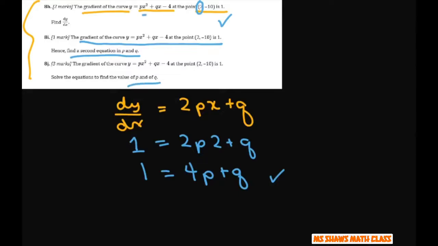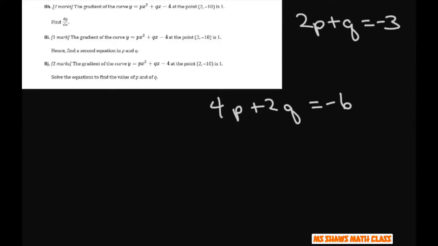The first one was 4p plus 2q equals -6, or we actually divided everything, so remember we got 2p plus q equals -3. So that was the first equation. The second equation we got was 4p plus q equals 1. And now they just want us to solve for p and q.